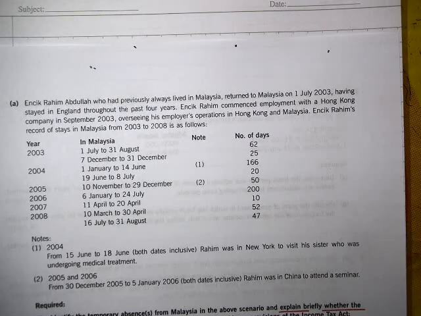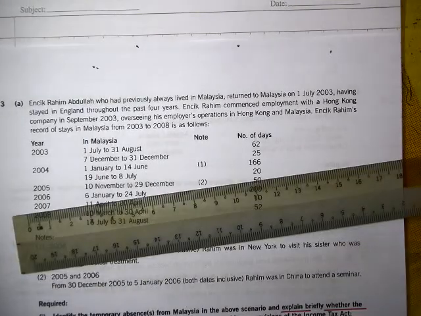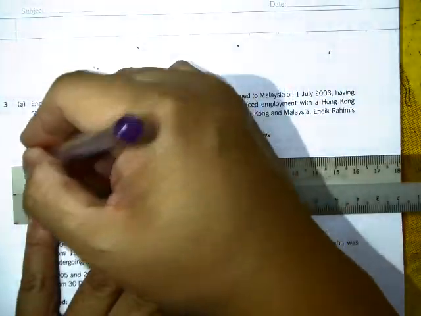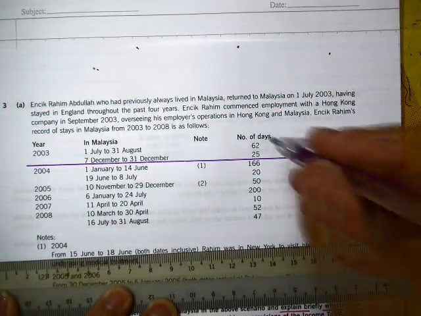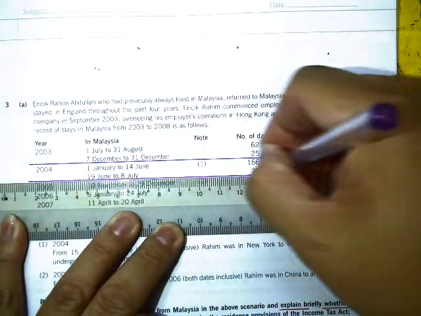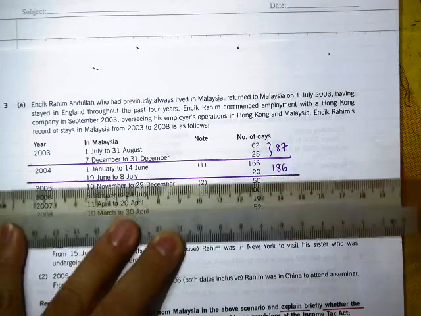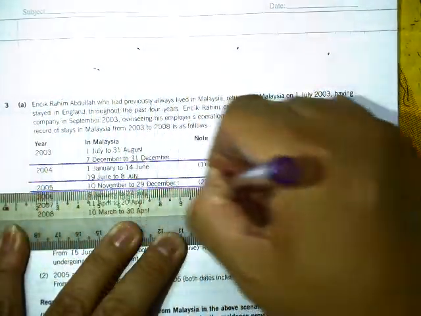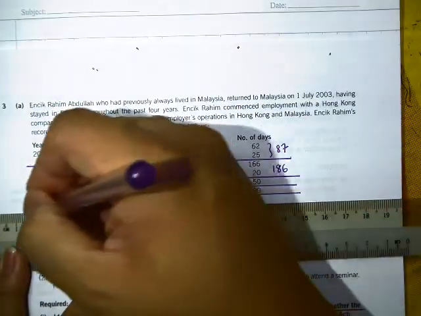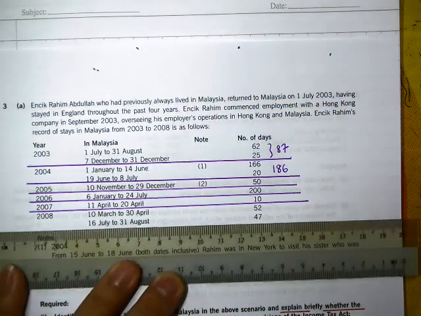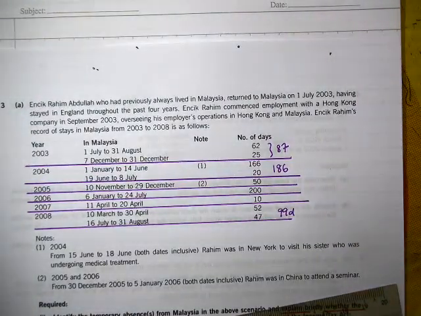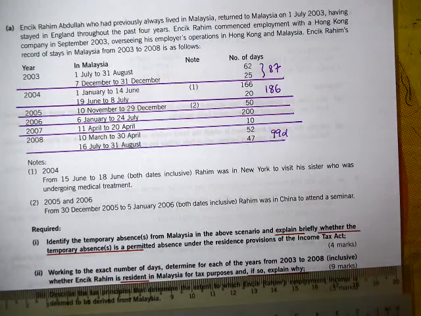So Rahim's record of stays in Malaysia from 2003 to 2008 is as follows. 2003, 87. 2004, 186. 2005, 50. 2006, 200. 2007, 10 days. 2008, 99 days.